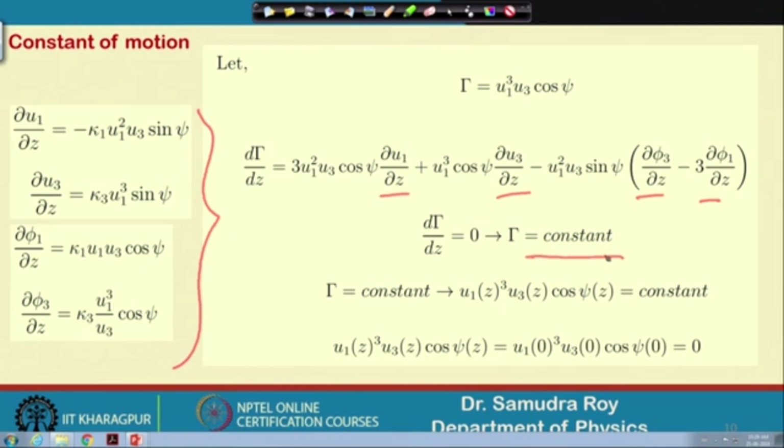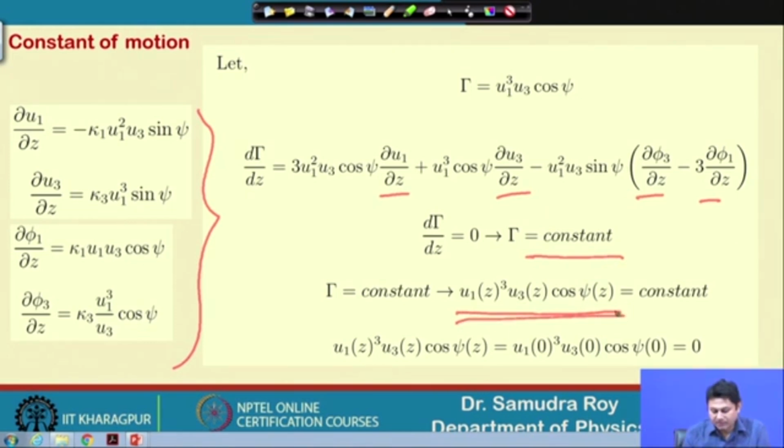So, u1 cube u3 cos psi is a constant of motion. That means, all these 3 quantities are functions of z, but the combination is constant over z. That means, whatever the value of this function at z equal to z, it should be the same at z equal to 0, because they are constant.